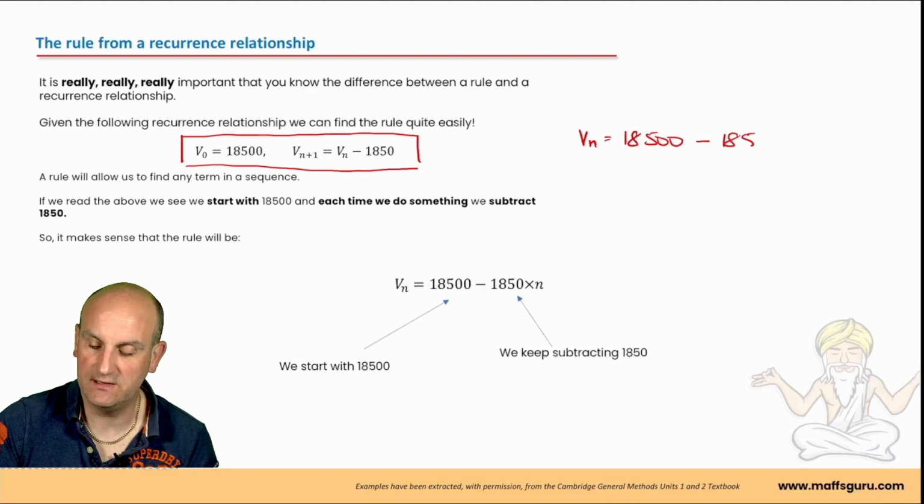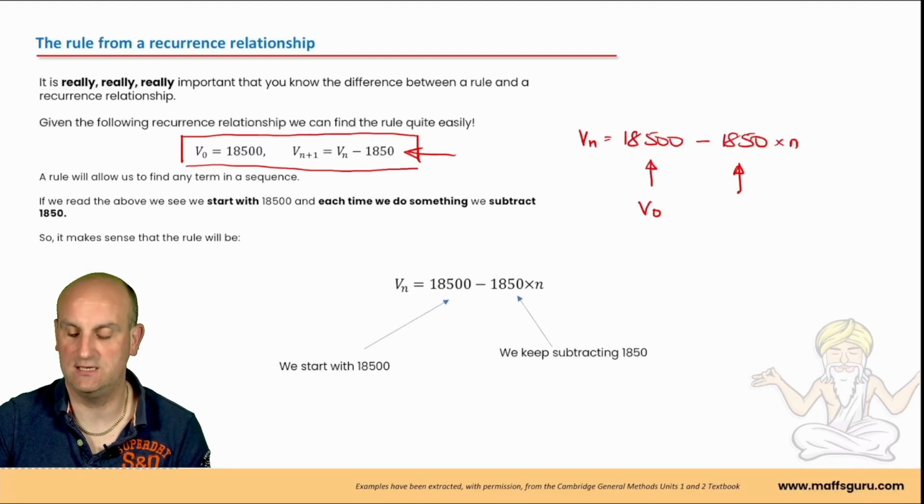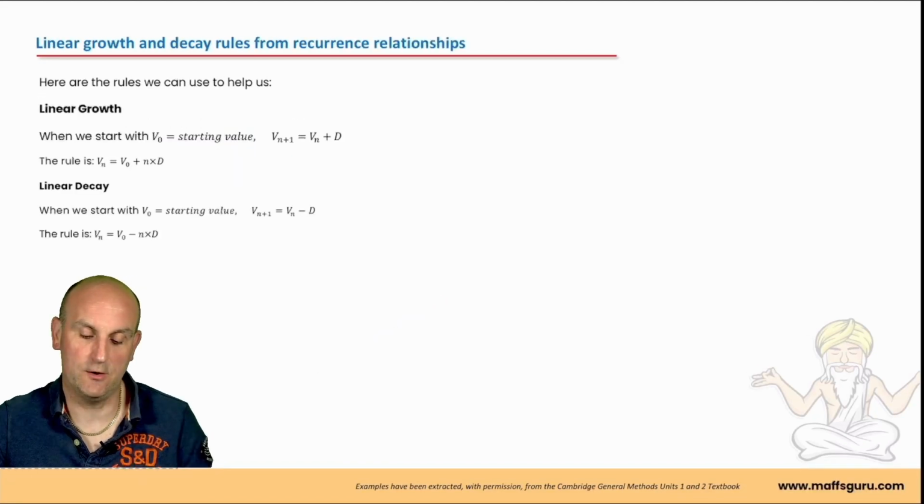I would subtract 1850 times by n. So this value here is always V0, and this value here is always whatever is being appreciated or depreciated. And that makes life a lot easier if you can understand what's going on.